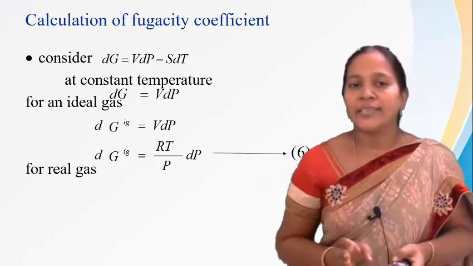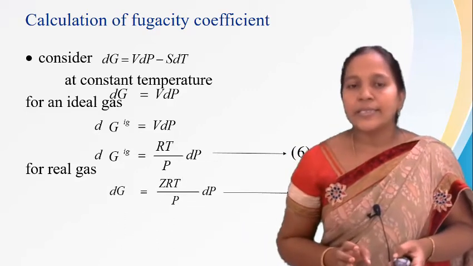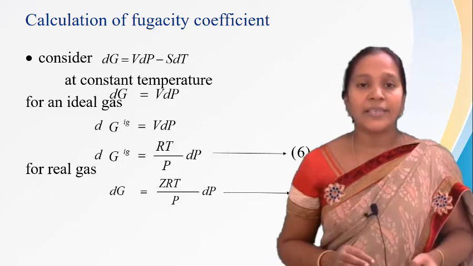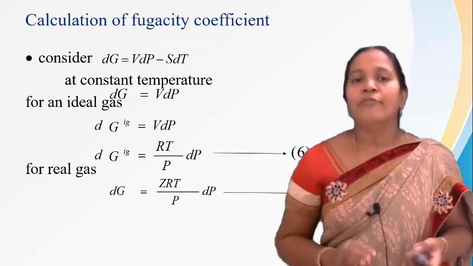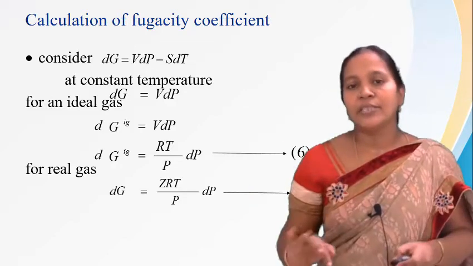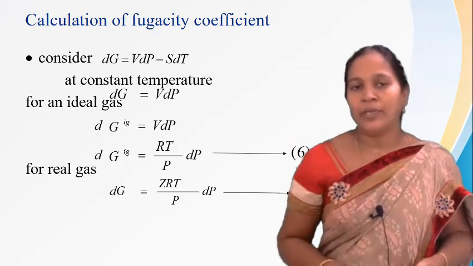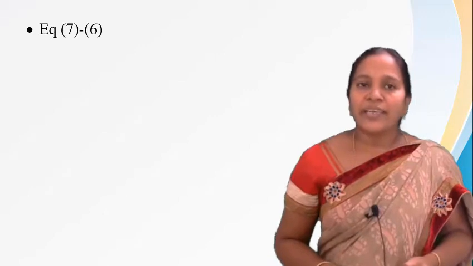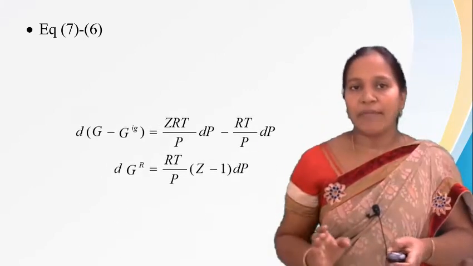For a real gas, dG is equal to ZRT by P dP, noted as equation 7. For an ideal gas, Z is equal to 1. Now, subtract equation 6 from 7.